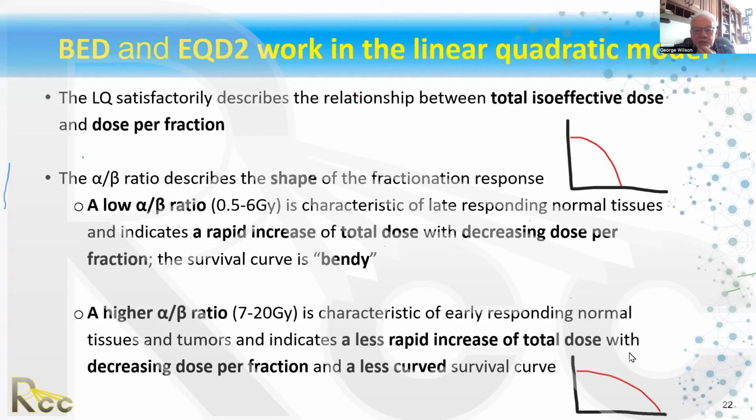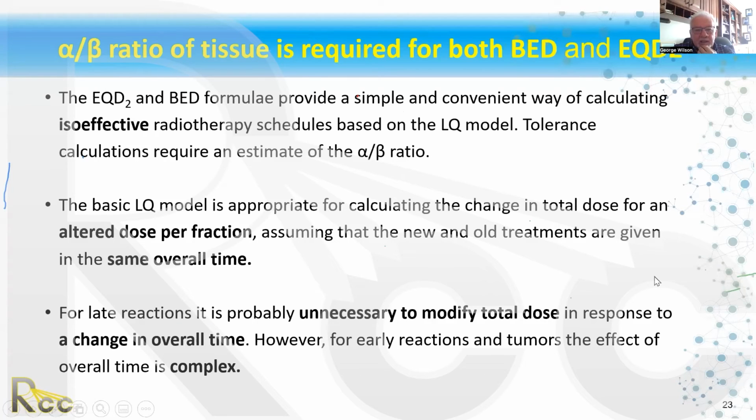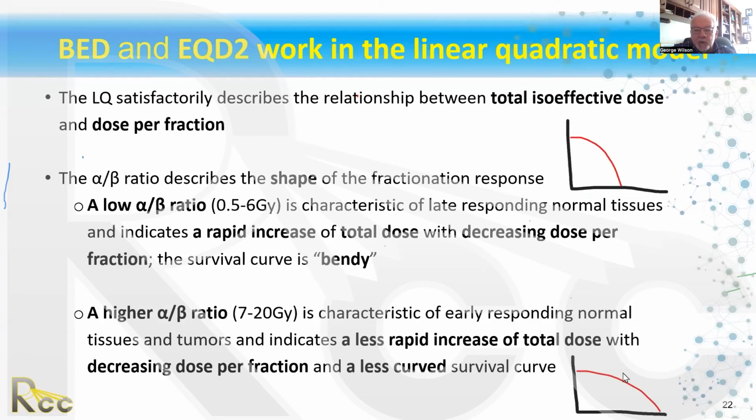The alpha beta ratio is higher for early responding normal tissues and most tumors, then there's a less rapid increase of total dose with decreasing dose per fraction and a less curved response. So again, really all it's showing you is that these late responding normal tissues are much more sensitive to changes in fractionation and total dose than early responding normal tissues and tumors.